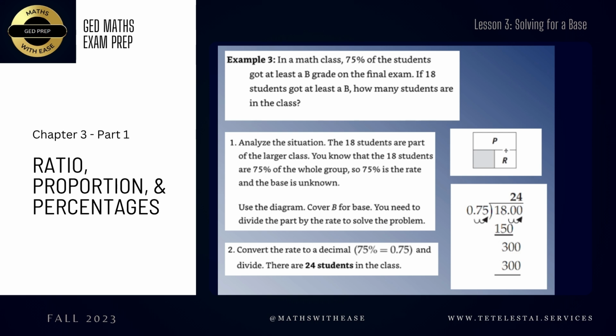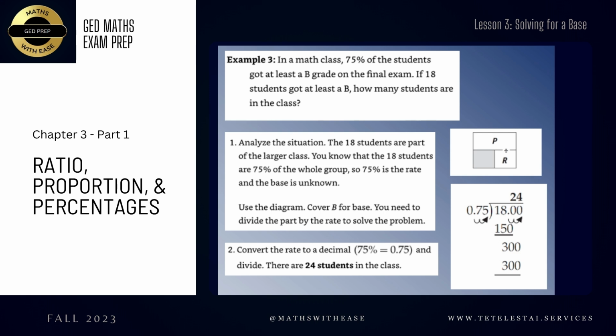So if this example had said in a math class 0.75 of the students got at least a B grade, you know that that's a rate that you can represent as 75%, right? So we have information about the rate, and we have information about only a portion of the students, right? So that's our part.